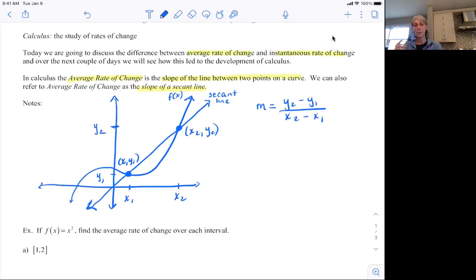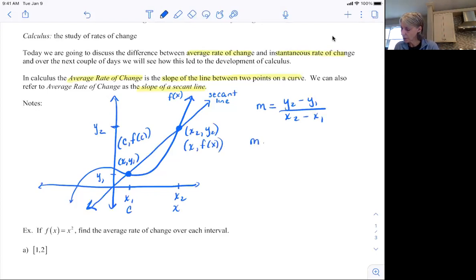Okay. When we move into higher levels of math, we need to adjust our notation. We did go through this earlier in the year. We said let one value be c and let the other, x2, be x. So this becomes c, and my y value can be represented as f of c, then x and f of x.